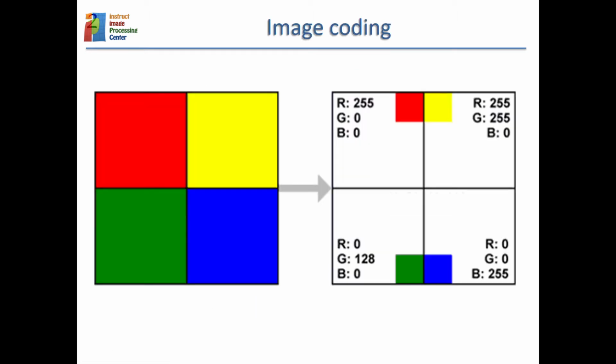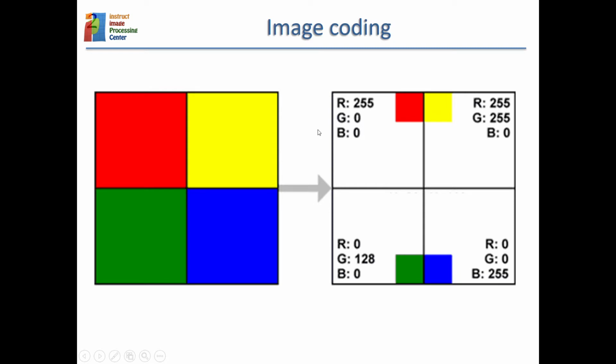Okay, so let's start with the second part, the part of the colors. How do you encode an image? Let's say that you have a color image like this one, and we all know that colors can be composed as the addition of some primary colors, in particular red, green, and blue. Let's say that we want to express a red pixel.